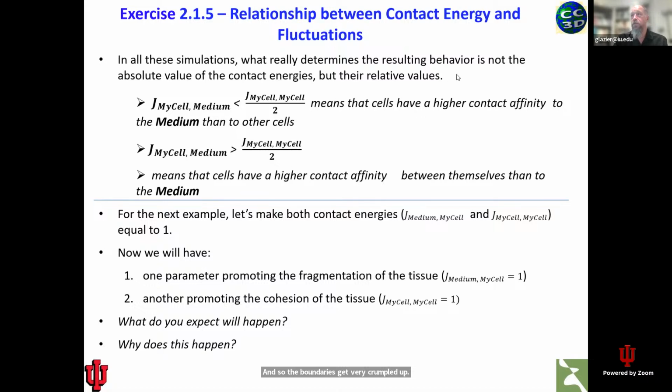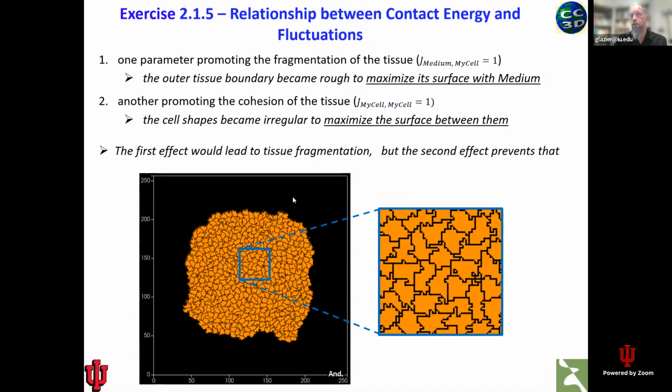Again, what really matters here are the relative values of the contact energies. Again, J cell-medium versus J cell-cell, and the ratios with the fluctuations. So if you have contact energy that is very small compared to that fluctuation temperature, fluctuation amplitude, then you'll get very rough boundaries.